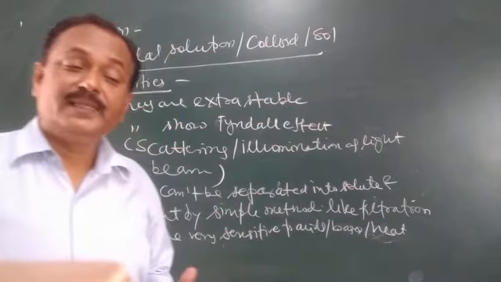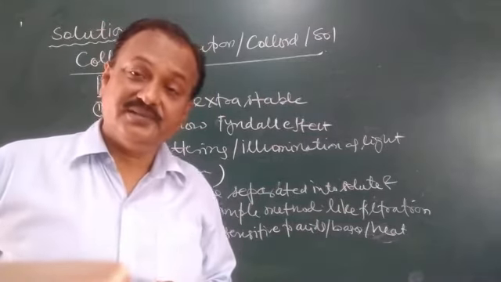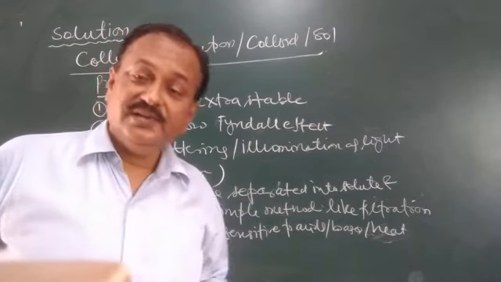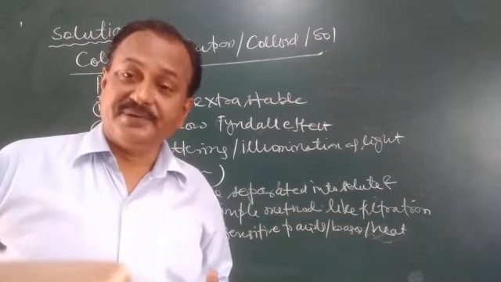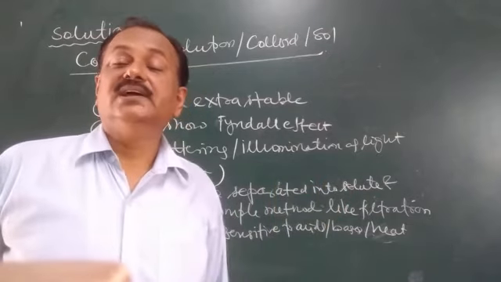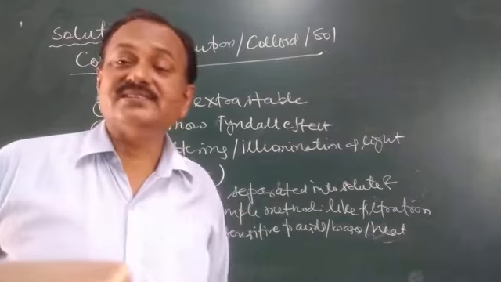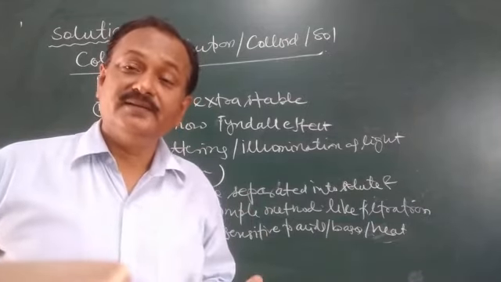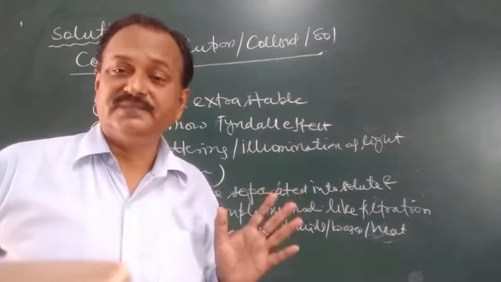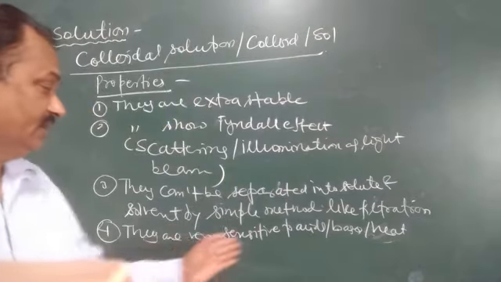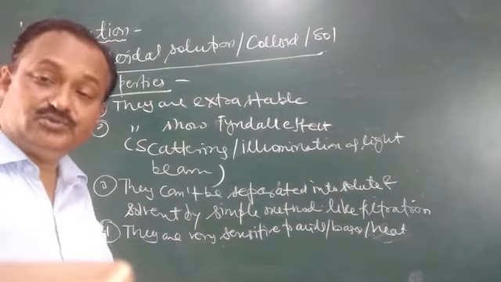Similarly, children, milk kept in our homes, particularly in summer, when we do not keep it in the refrigerator for a long time, if it is kept at normal temperature, it spoils due to the formation of lactobacillus. It is also one example. Lactobacillus grows and causes the destruction of the colloidal solution.